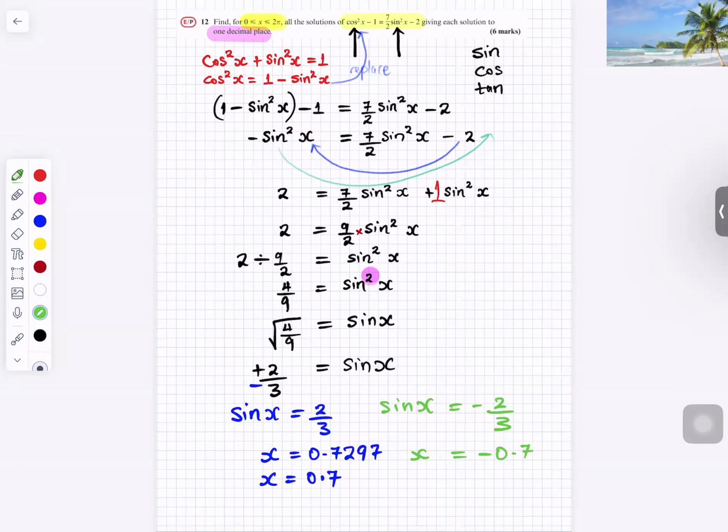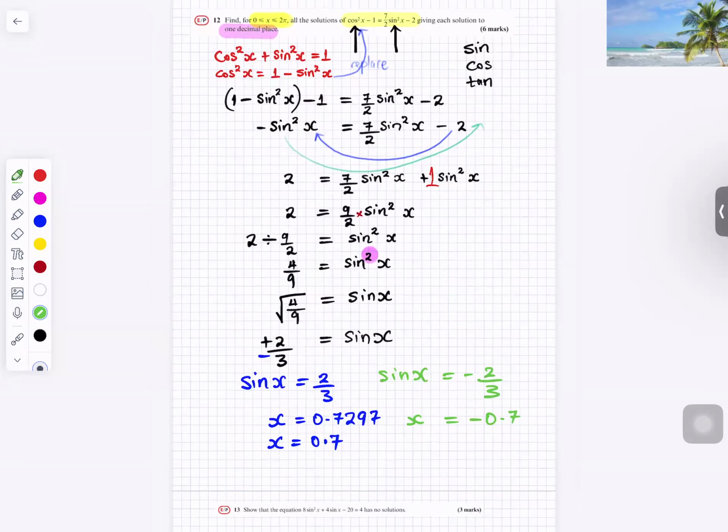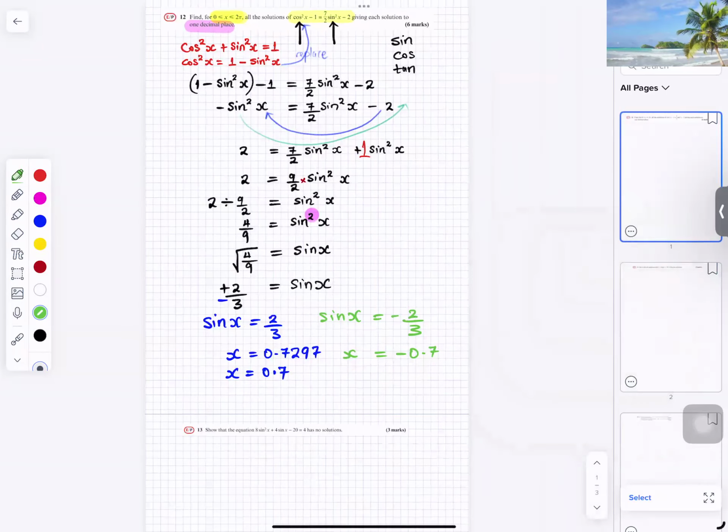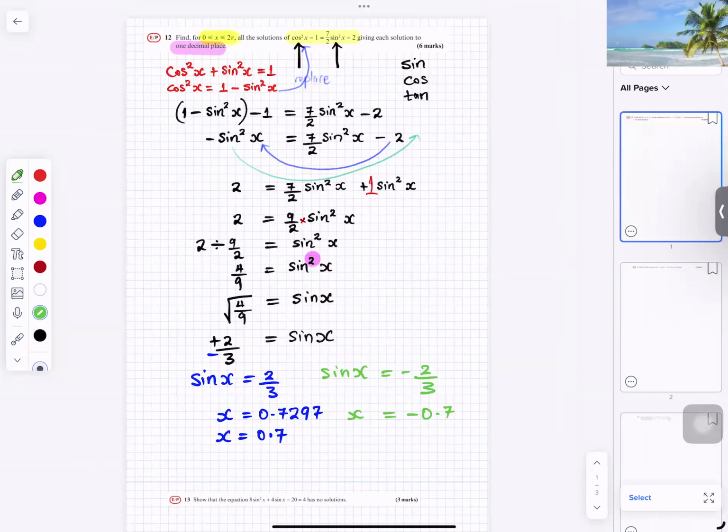Now the question says we should give the answer to 1 decimal place. And the answer should be between, if you look at the top, what does it say the answer should be between? 0 and 2 pi. Yes, 0 and 2 pi. So we have to reject the negative one. So 0.7 is one of the answers.